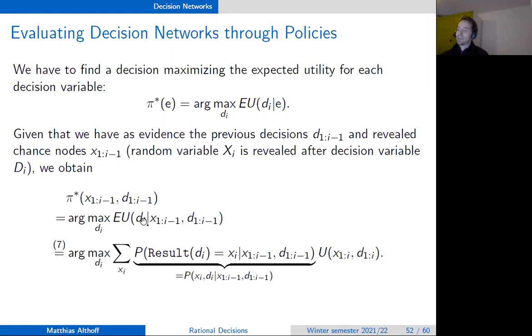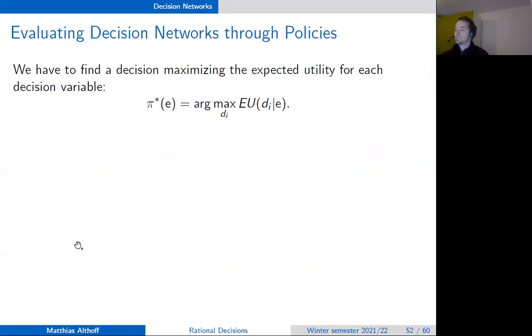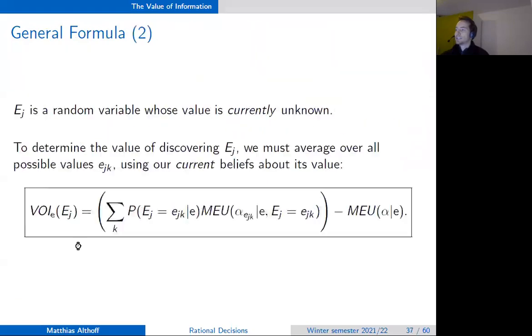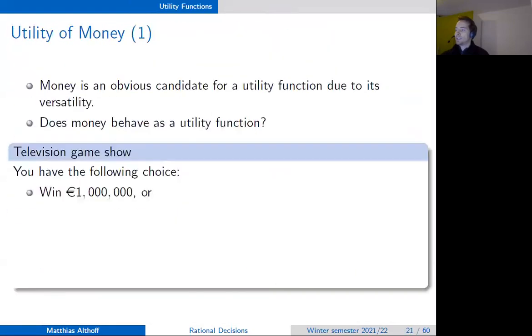And then we want to maximize the expected utility of the decision given all the previous decisions and the previous random variables. And as you know from equation 7, and I can briefly go back if you don't remember.